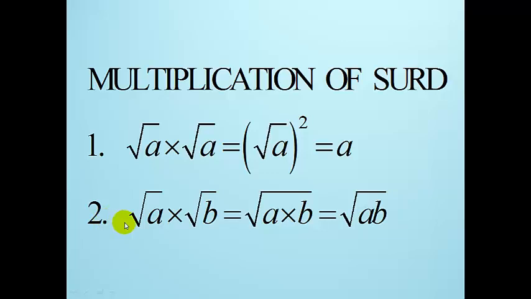Now let's take note of this. The square root of a times the square root of b, that is when the numbers are not the same, we multiply the numbers under the roots. So the square root of a times the square root of b is equal to the square root of a times b, and this is equal to the square root of ab, because when we multiply a by b, the answer is ab.